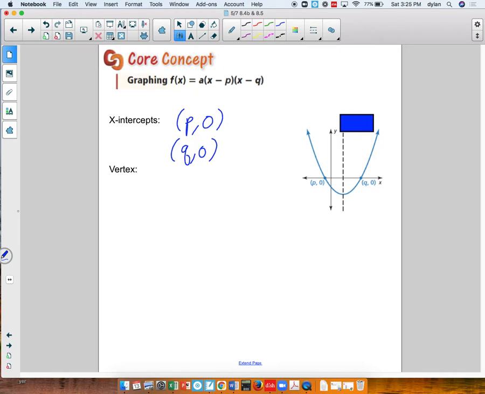We also know something else. We know that the axis of symmetry is going to give us the x-coordinate of the vertex. If we're looking for the vertex, the first thing we want to do is find the axis of symmetry. Because if we can find the axis of symmetry, that tells us the x-coordinate of the vertex.